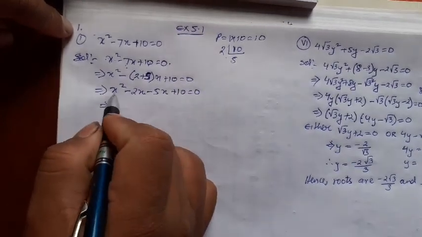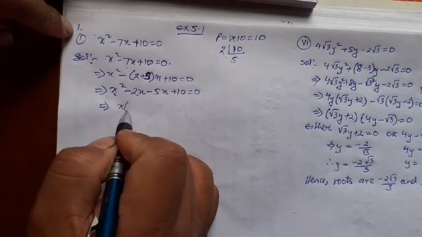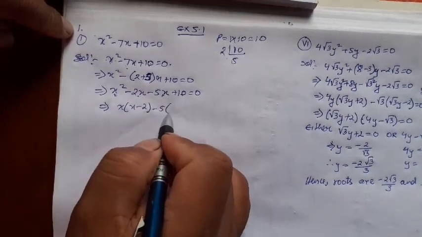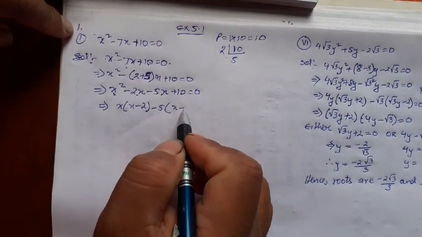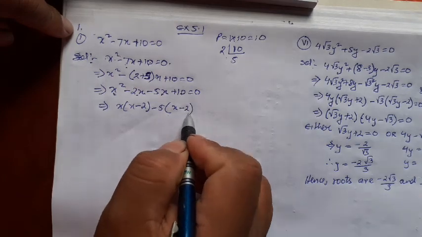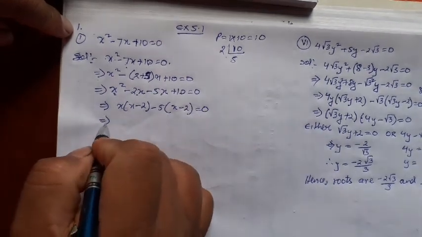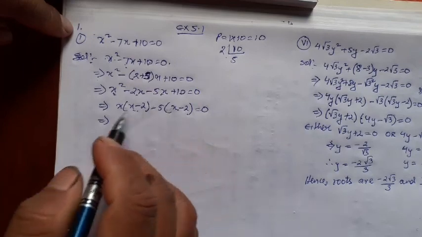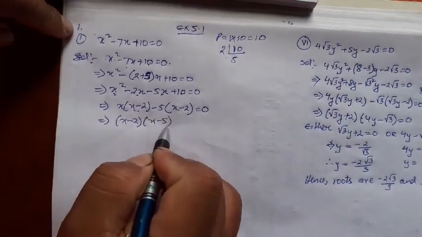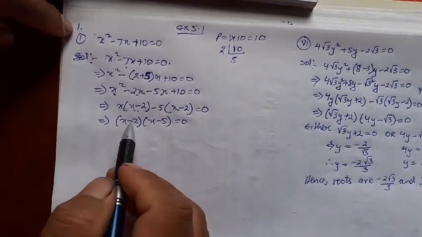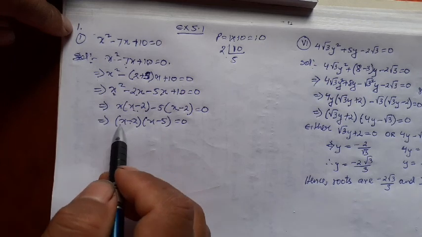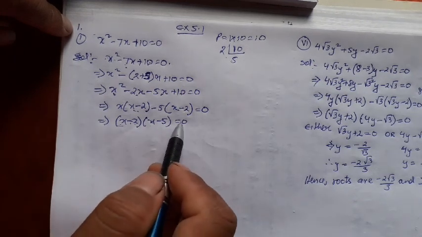From the first two terms, take common x, which gives x minus 2. Then from these two, you take minus 5 common, which becomes x minus 2, since 5 times 2 is 10. From these two terms you take the common factor x minus 2, so x minus 2 times x minus 5 equals 0. We multiply two numbers, x minus 2 is one number and x minus 5 is the other, and the answer becomes 0.